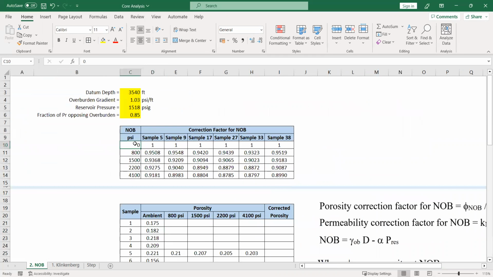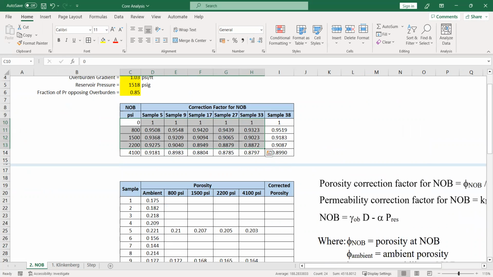So let's process this information first. I'm going to use this information to make a plot of the correction factor against the net overburden.